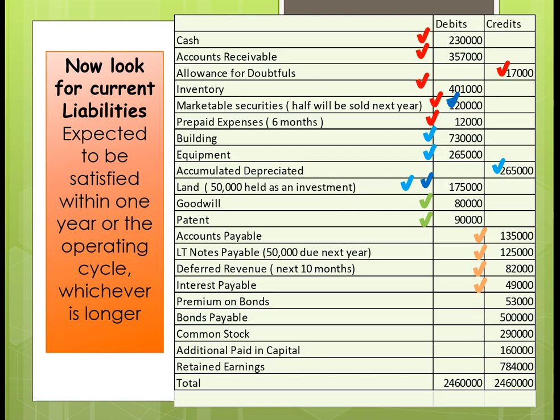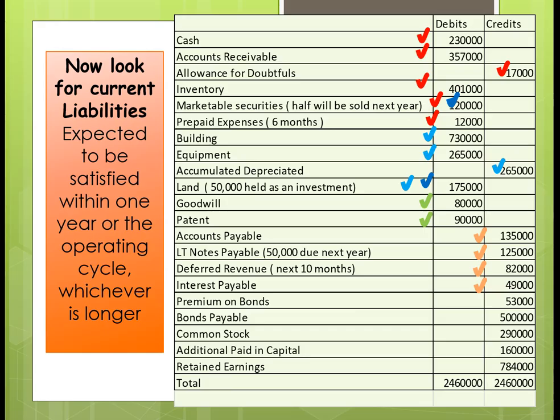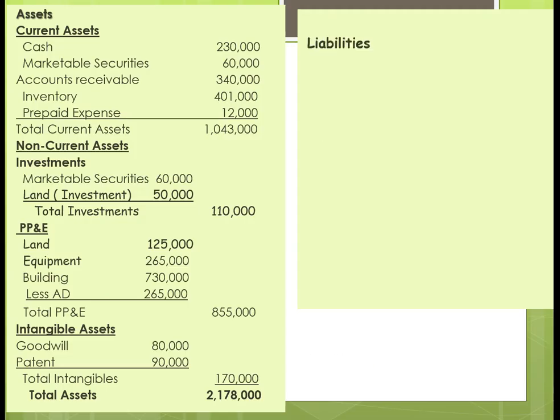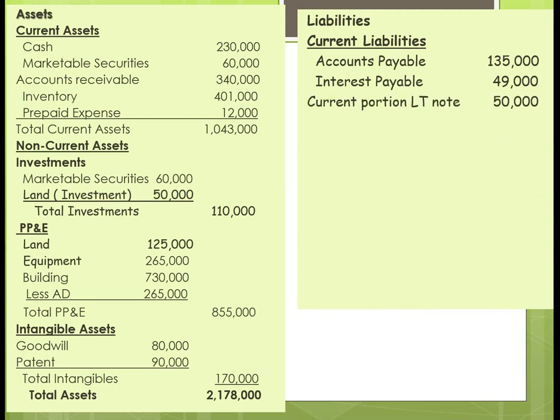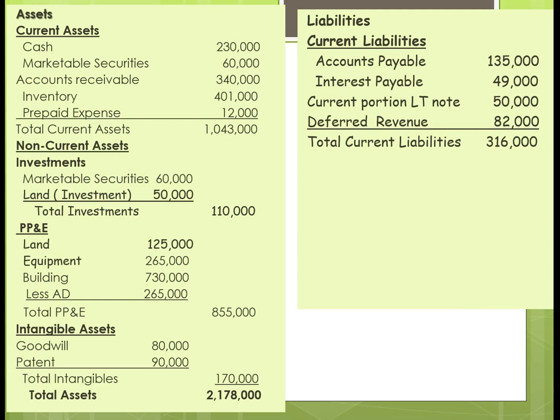We have interest payable. So those would be the items that would be our current liabilities. Now let's look at that on the balance sheet. And that gives us total current liabilities.